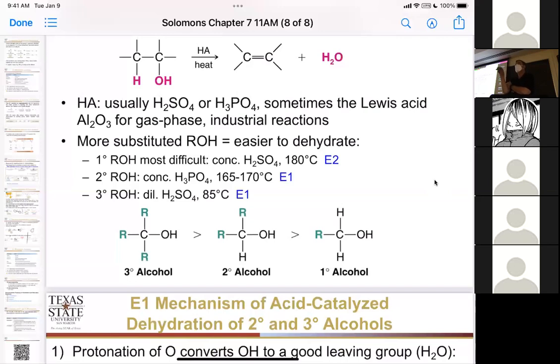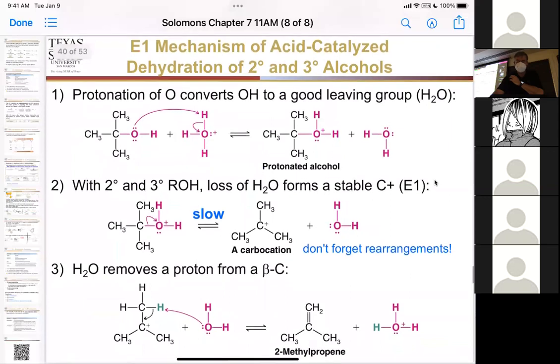It protonates the alcohol, turning it into the oxonium cation, which leaves as neutral water. That leaving as neutral water is really easy. So it's easier to do secondaries than primaries, and tertiaries are even easier because it's easier to form that cation. Okay, so let's look at the mechanism of the secondary and tertiaries first.